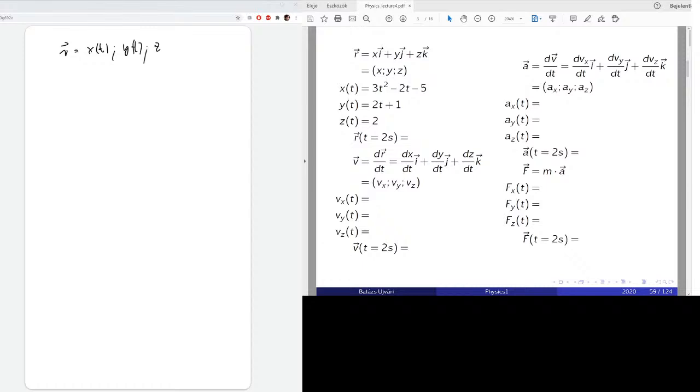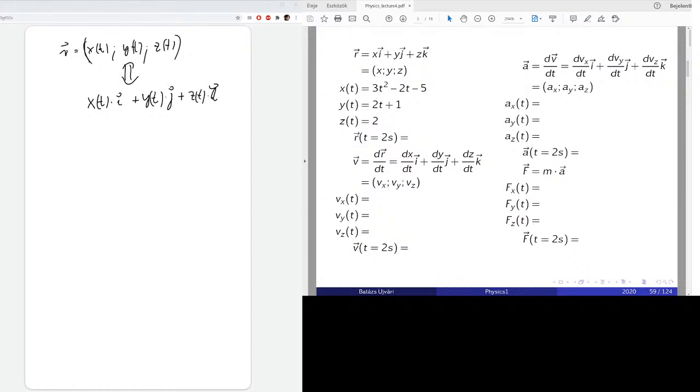You remember the unit vectors of the coordinate system? This formula is equivalent with the x(t) times i plus y(t) times j plus z(t) times k, and these are the unit vectors, so these are perpendicular to each other.